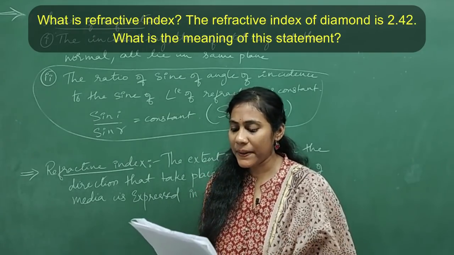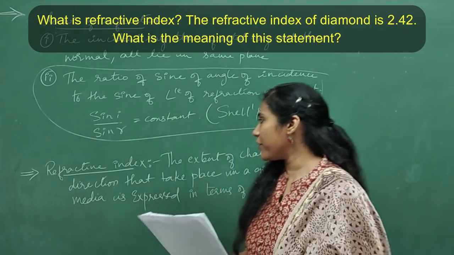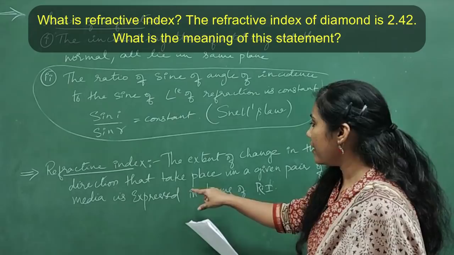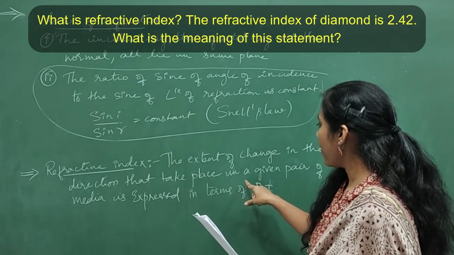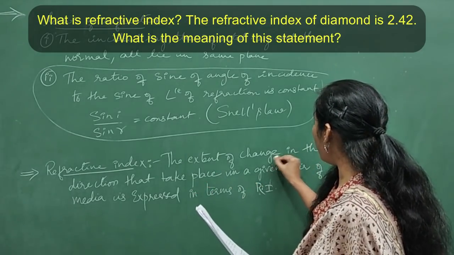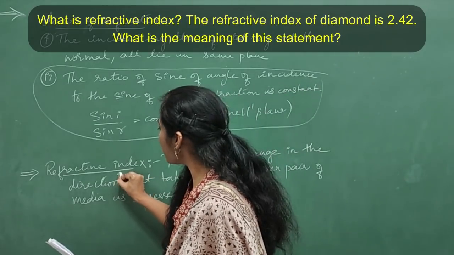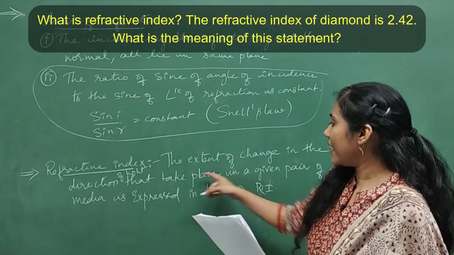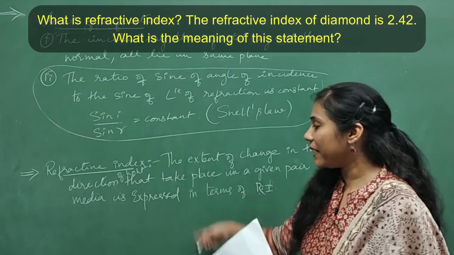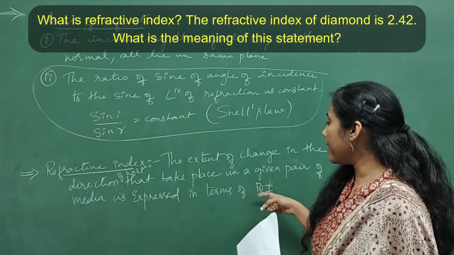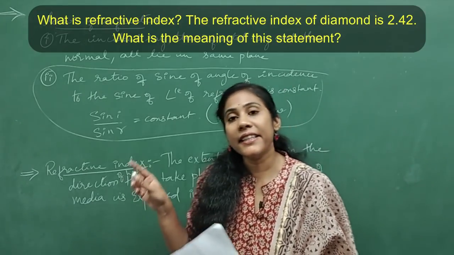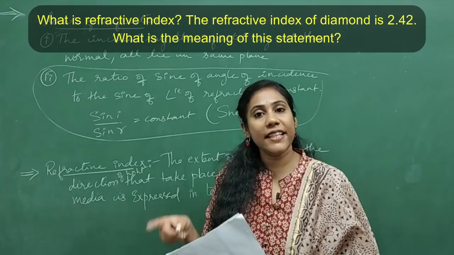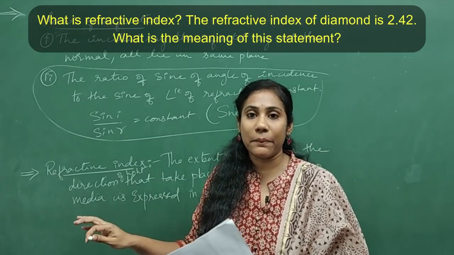Very, very important. So, refractive index definition: the extent of change in the direction of light that takes place in a given pair of media is expressed in terms of refractive index. See, the light travels faster in air, but the light travels very slow in glass or other medium, isn't it?